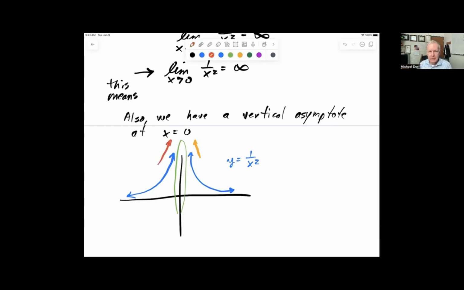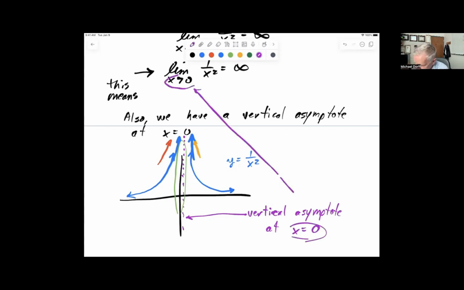The blue line is getting larger and larger, closer and closer to infinity. I have this vertical asymptote here, which is often represented as a dotted line going down, and that's the vertical asymptote x equals 0. And why do I get x equals 0? Because that's the limit I was looking at as x goes to 0.